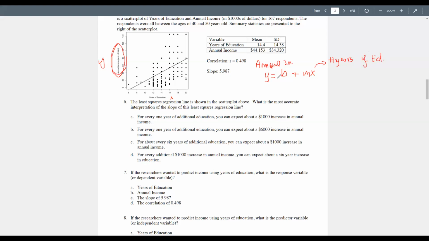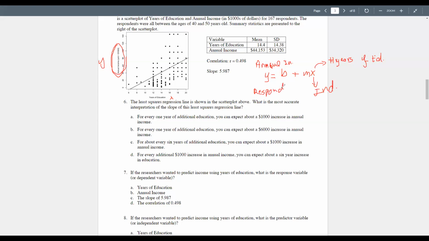So the x is always independent because this is the number that you put in. Based on the number that you put in, you can expect to have some increase in your income. This will be the response variable.